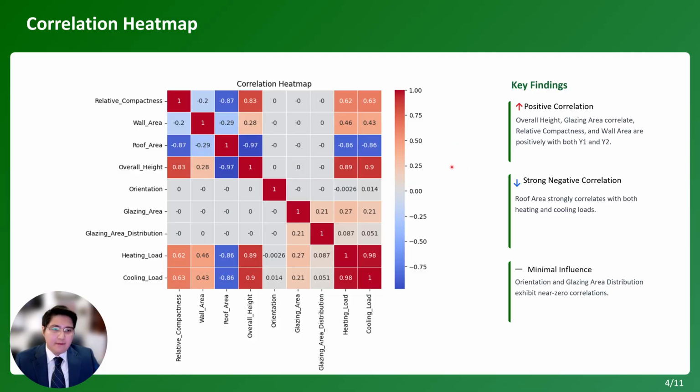For the strong negative correlation, we have the roof area against our target variables. After that, we can see the gray boxes, which mean minimal or almost no influence in our models, which we're going to take a look at with further explanation. So we have orientation, the slight glazing area, and the glazing area distribution.